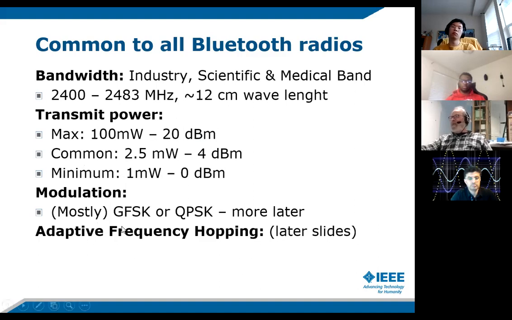The modulation is quite simple. It's frequency shift keying first, or quadrature phase shift keying, more on later slides. Does anyone know in advance what frequency shift keying means? In all communications, you have to deliver at least bits, if not sets of bits. And the way you can deliver a bit is to deliver two phenomena which are distinguishable from each other.